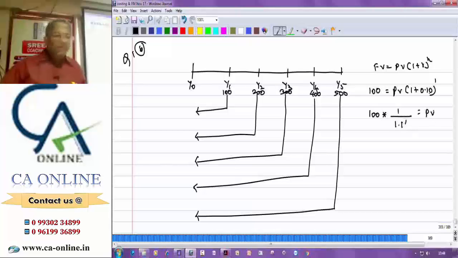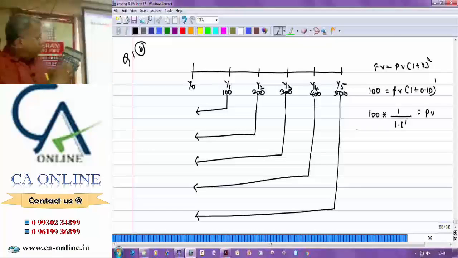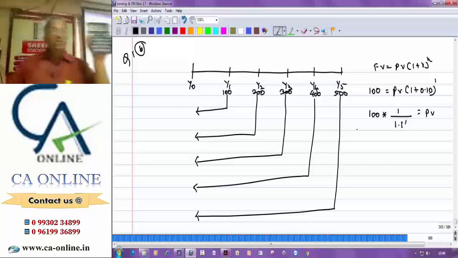So, how do we do that in the calculator? 1 divided by 1.1 gives 0.909091. You can round it up to 4 decimals.